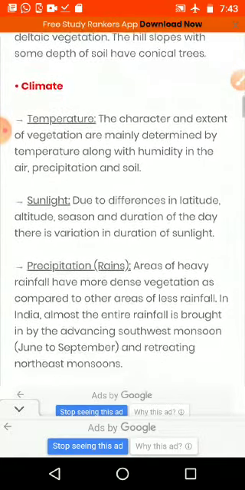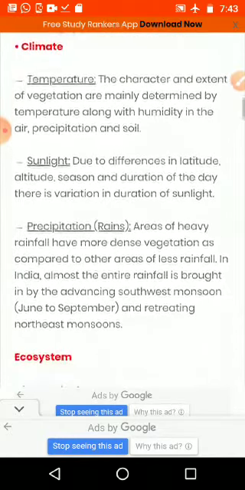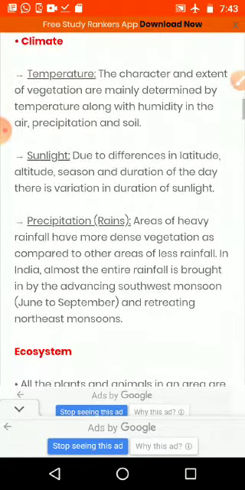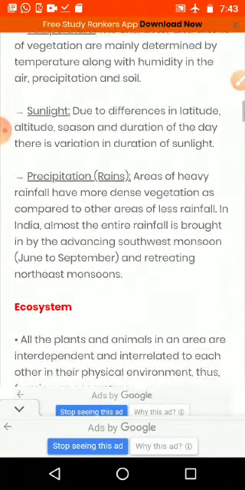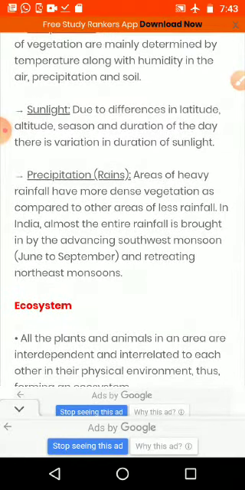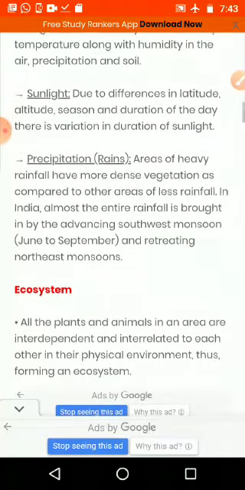The next one, climate. Temperature. The character and the extent of vegetation are mainly determined by the temperature along with the humidity in the air, precipitation and soil. Sunlight. Due to the difference in latitude, altitude, season and duration of the day, there is variation in duration of sunlight.